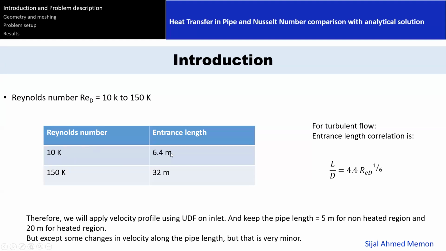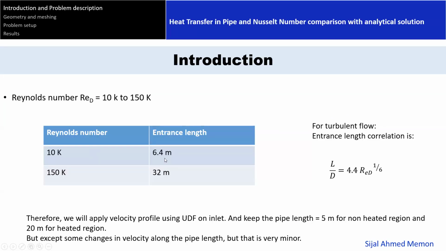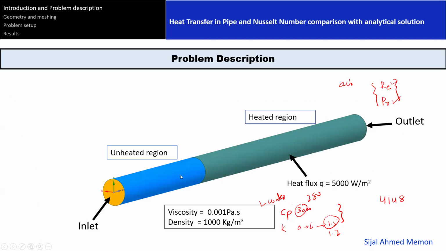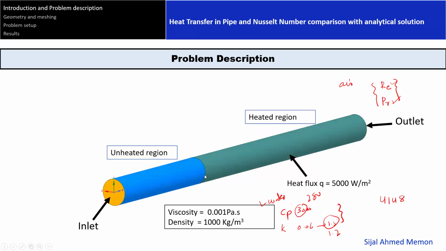For 10K, the entrance region, this blue region length of the pipe, should be at least 6.4 meters. But if you go to a higher Reynolds number like 150K, which is not very high in terms of turbulent flow but still high enough, the length of pipe we have to add here is about 32 meters. Now imagine that if you double the value, this will be maybe 60 plus meters.